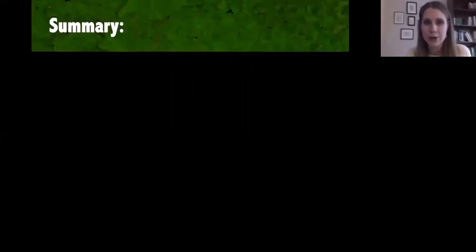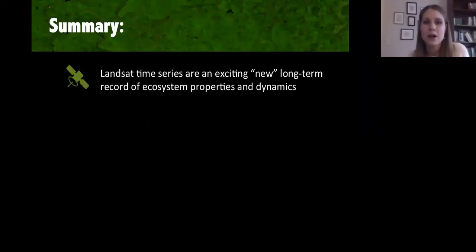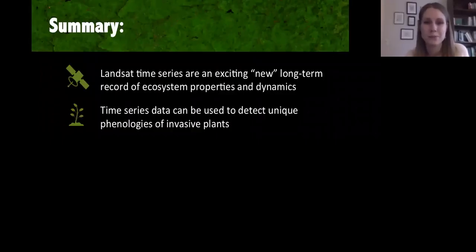And so just to go back and summarize what's been presented in the talk so far, Landsat time series are an exciting new long-term record of ecosystem properties and dynamics. We've had Landsat data since the 70s, but it's really just been since the opening of the archive in 2008 that we've been able to use these records to look at ecosystems over the full Landsat record.